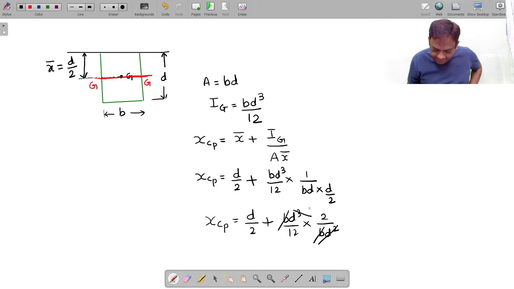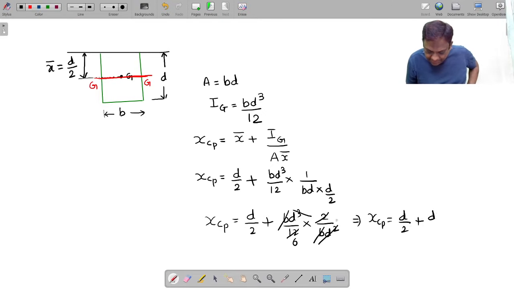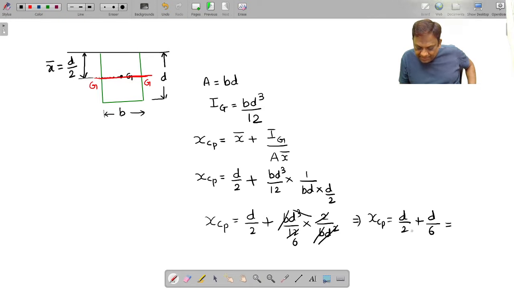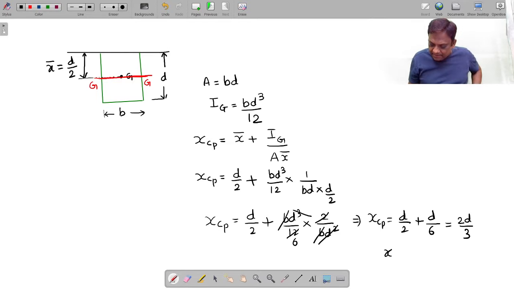So XCP is equal to D by 2 plus D by 6. Multiply with 3, 3 plus 1 is 4, 4 by 6, 2D by 3. Obviously, the position of center of pressure is 2D by 3.